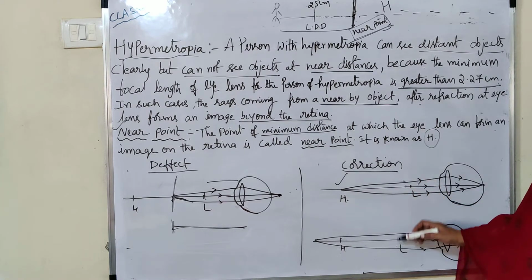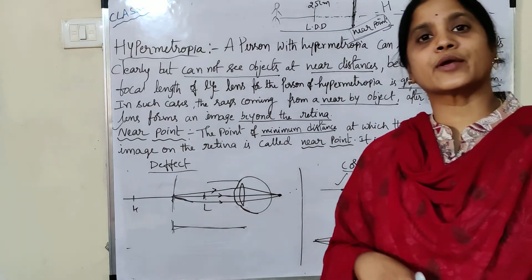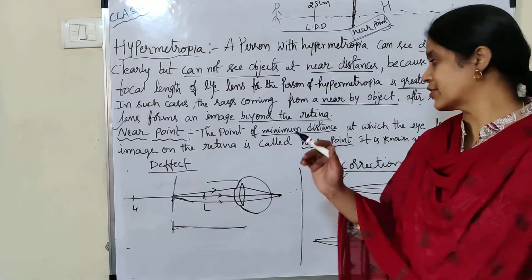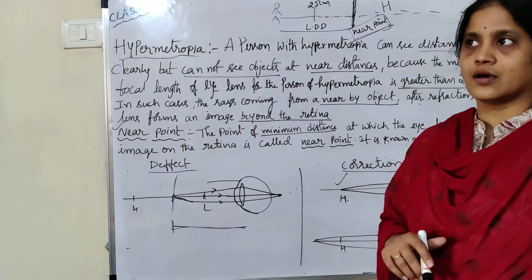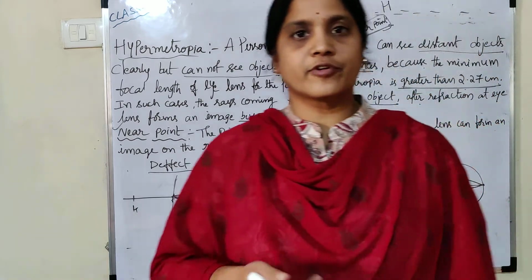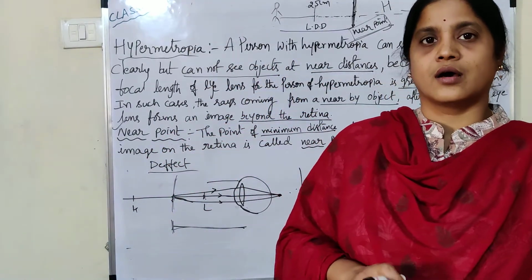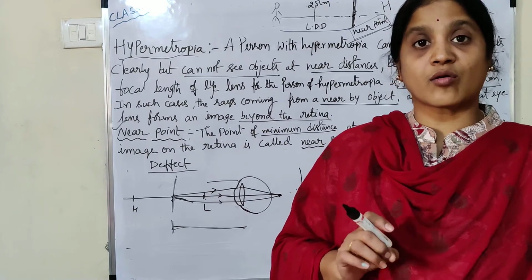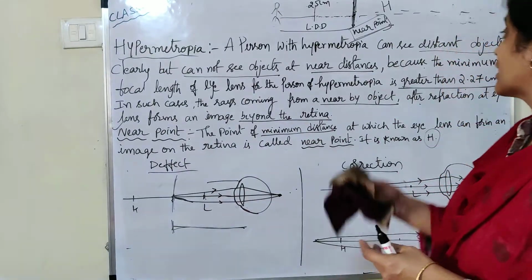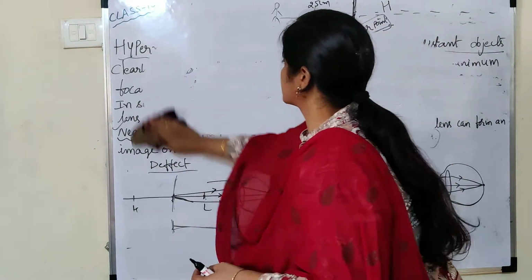By using which type of lens can they see the object? For myopia people we discussed the biconcave lens, and for hypermetropia people they can use a convex lens, a biconvex lens. If they use a biconvex lens, how can they see an object?